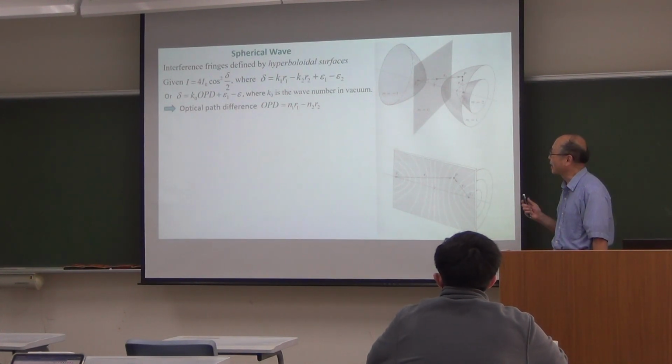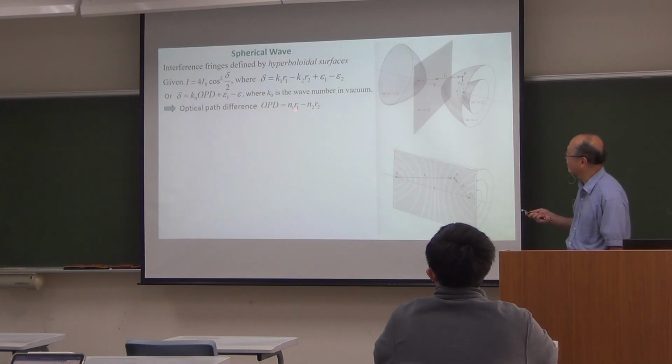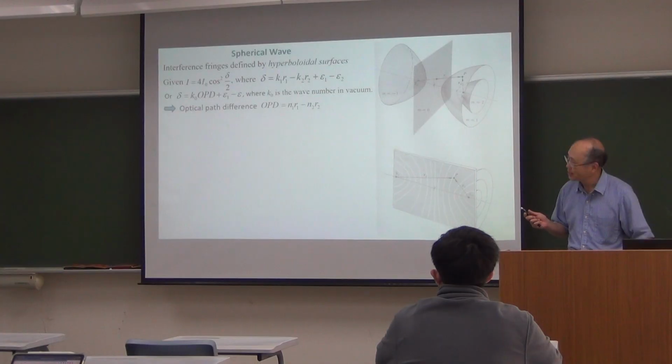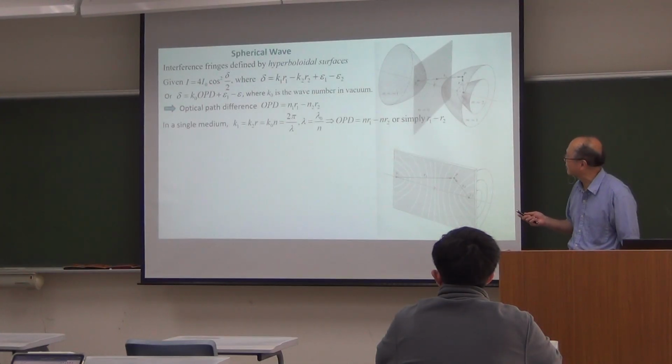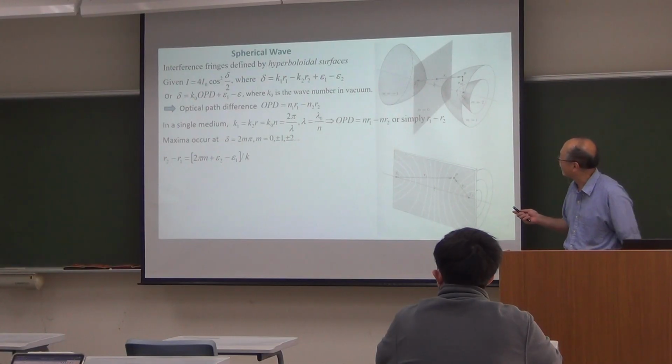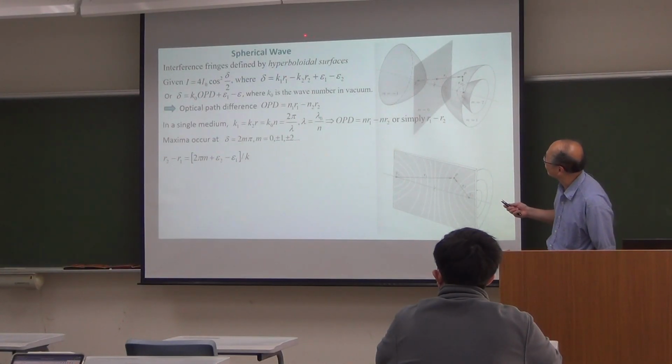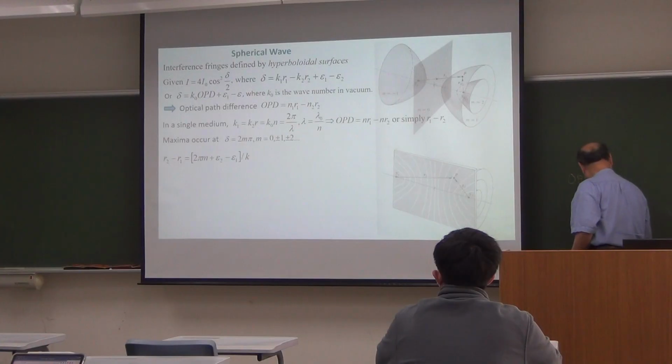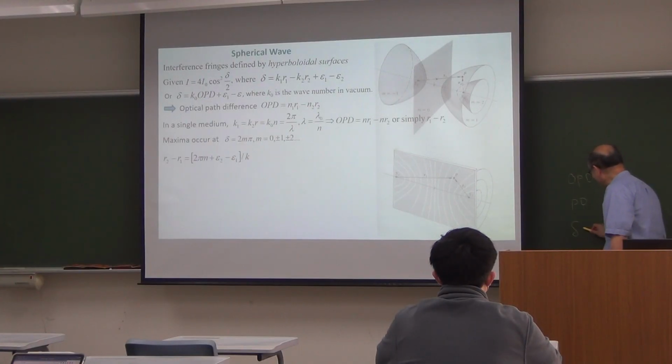Okay, and what is critical in interference is the optical path difference, because this optical path difference will give you a phase difference according to this calculation. The phase difference is equal to the vacuum wave number multiplied by the optical path difference.